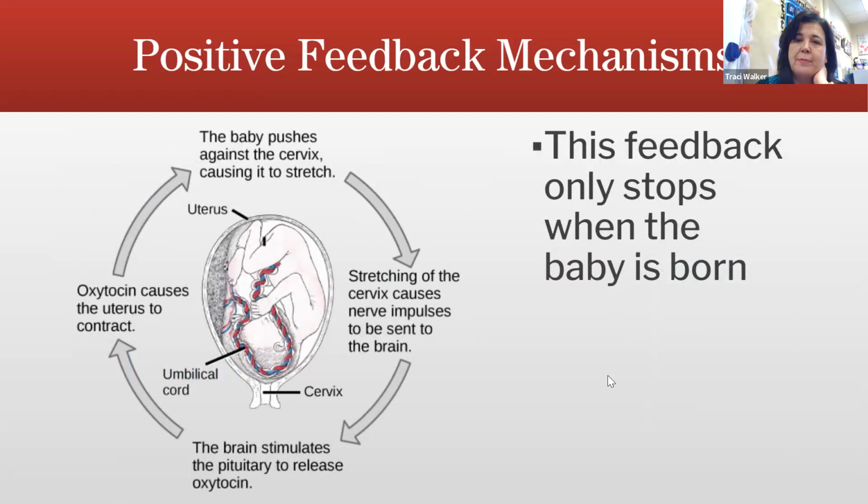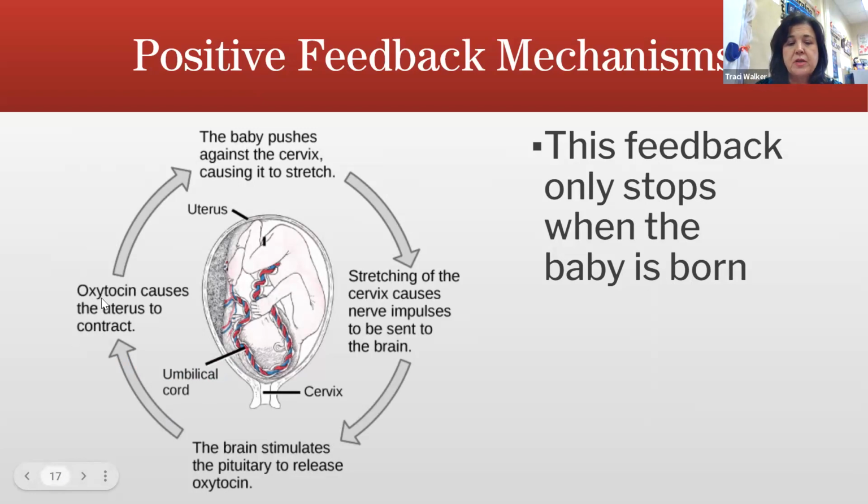So let's look at what happens in childbirth to explain how a positive feedback mechanism or positive feedback loop works. So when it's time for the baby to be born, the mother's brain produces a chemical or a hormone called oxytocin.